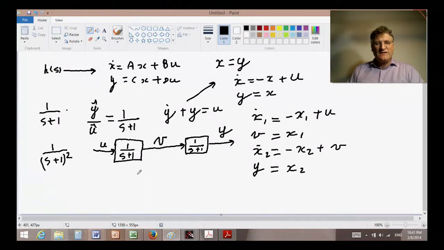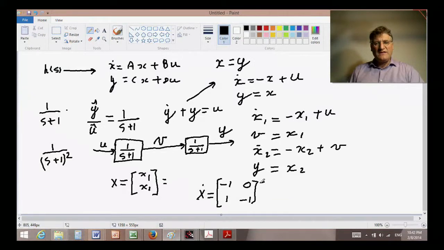If we concatenate these two and write x is equal to x1, x2, we can write that x dot will be equal to the matrix minus 1, 0, 1, minus 1, since v is equal to x1.